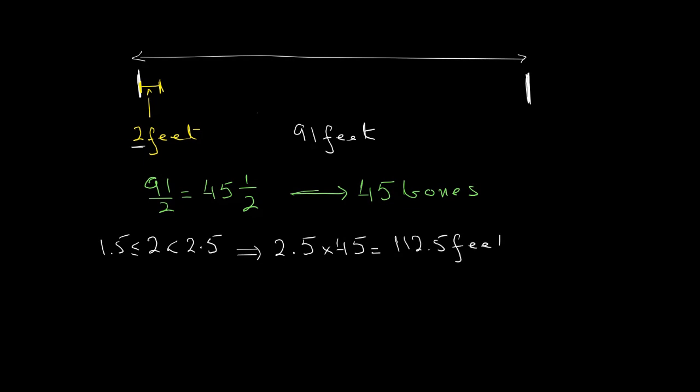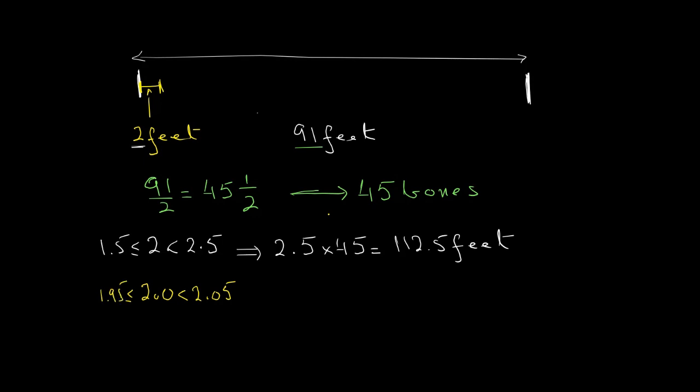So you may say, okay, I need to measure my boxes more carefully, and let me measure to two significant figures, because this is 91 feet, which is two significant figures. So let's say you actually measure your boxes, and your boxes are 2.0 feet. You may feel very good about yourself now, working with two significant figures. But the problem is 2.0 can be as big as 2.05 and as small as 1.95.